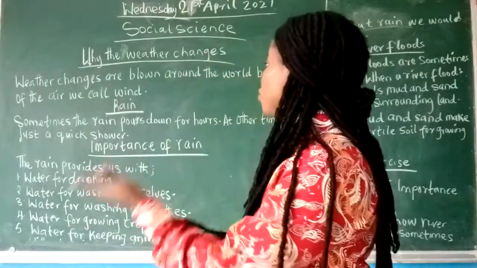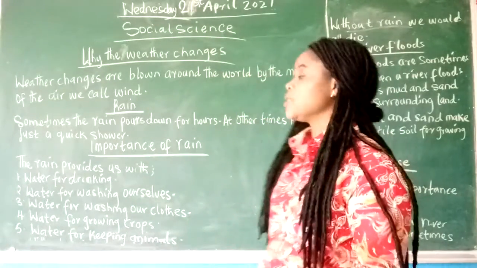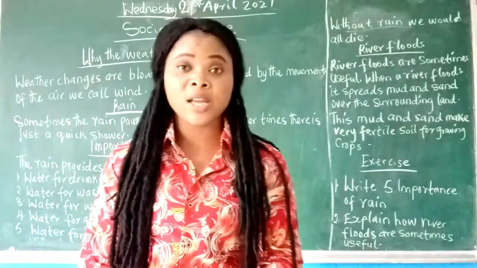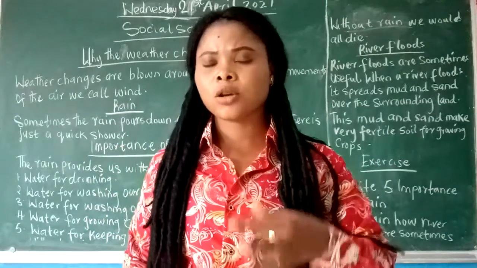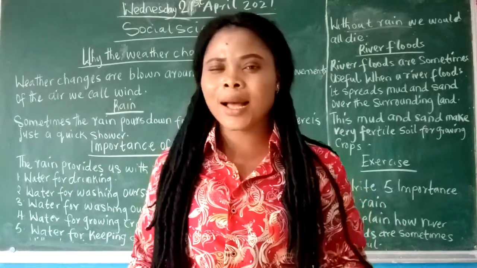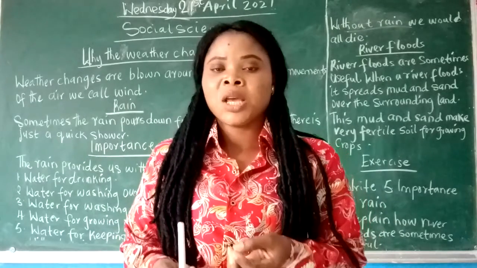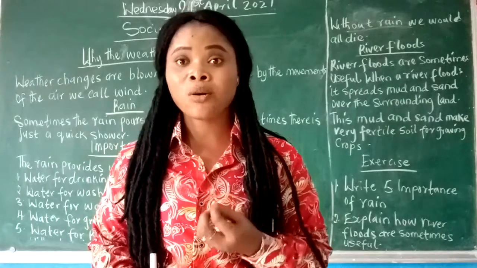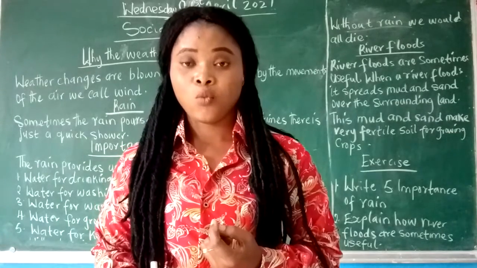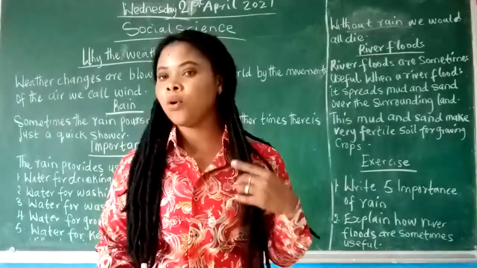So how does the rain contribute to this? When the rain pours down for hours, or there is a quick shower, you find out that the weather will change. Sometimes the environment will be darker, colder, and cooler, and also breezy.